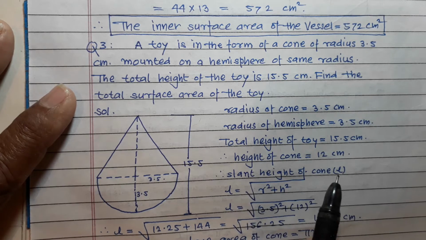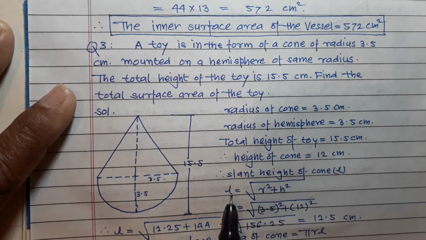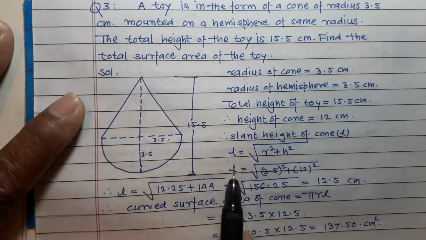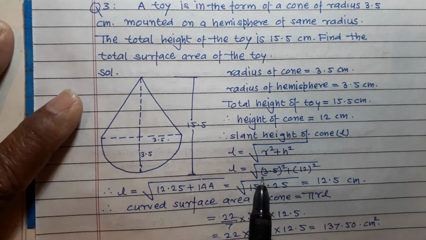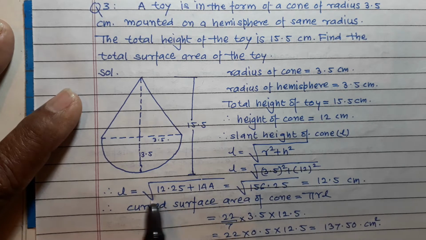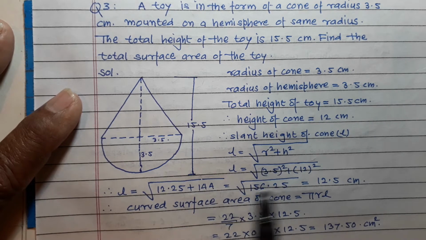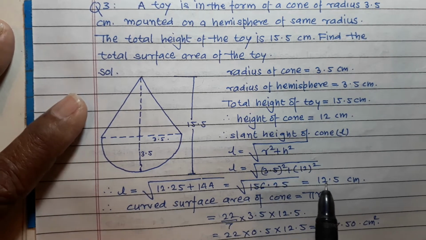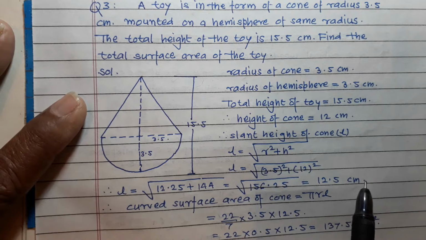Slant height of the cone is l is equal to under root r square plus h square. So l is equal to under root 3.5 square plus 12 square, is equal to under root 12.25 plus 144, is equal to under root 156.25, and if you simplify this it is equal to 12.5 centimeter.